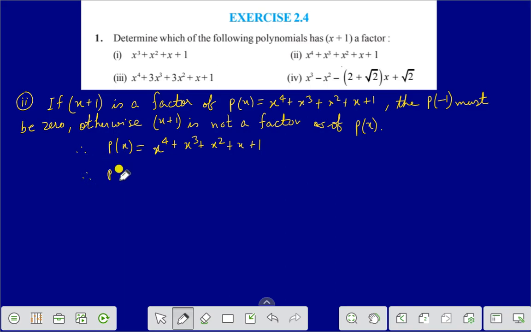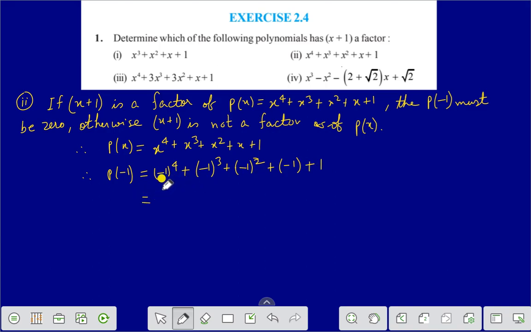Therefore find p(-1). We are getting (-1) to the power 4 plus (-1) to the power cube plus (-1) to the power square plus (-1) plus 1.